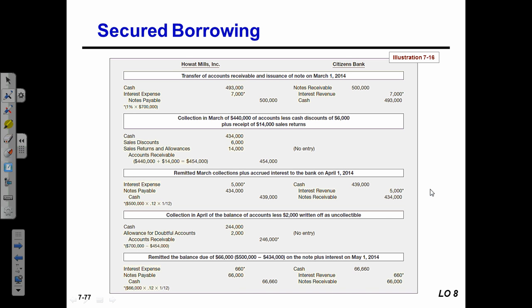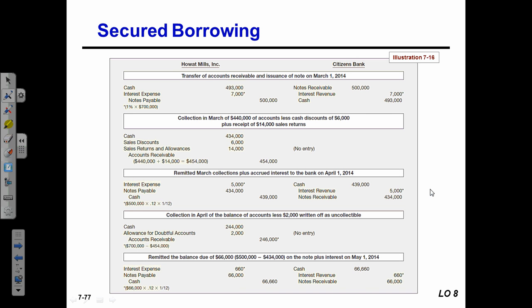That's true. Okay, so I've got a note payable for 500, but they only gave me 493,000 cash. Why? They took 1% up front. That's additional interest, right? And they call it interest expense. That's good if it's all going to happen within the same accounting period, right? It might be prepaid interest, otherwise. Something like that we would amortize over the life of the note. You can do it that way. I won't do that to you, but you could if it's long term. Okay? So I have a note payable.